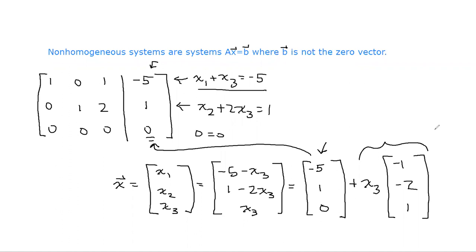So for instance, if we had a homogeneous system here, our solution set would look like a line along the vector minus 1, minus 2, 1. By having it as a non-homogeneous system, we're just picking up that line and translating it by minus 5, 1, 0. But our solution set still looks like a line.